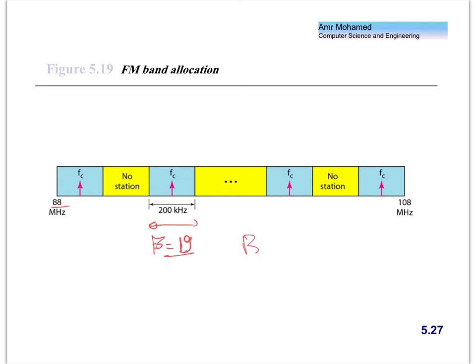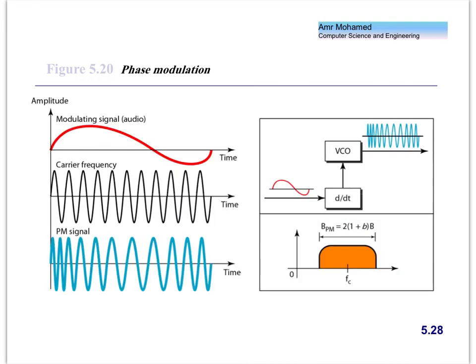Because the bandwidth for FM equals 2 times 1 plus beta times B. So 2B is, as we said before, about 10 kilohertz. So 1 plus beta becomes 20, which means that beta is around 19. So use 19 as beta.